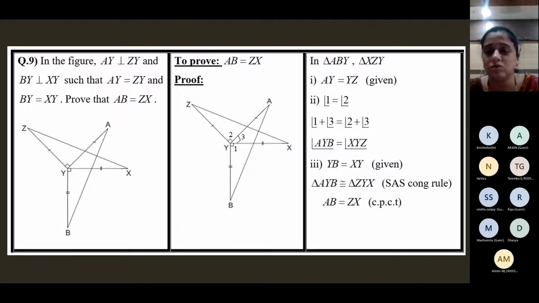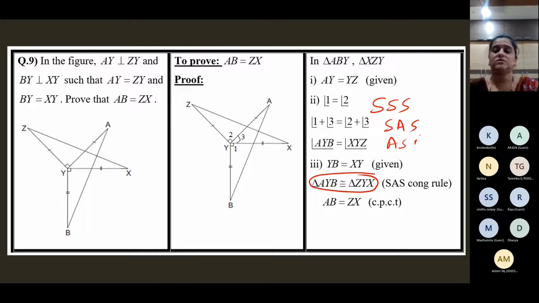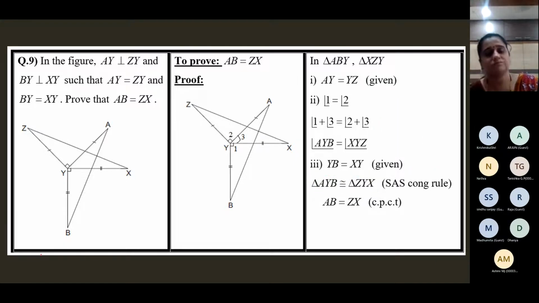If you don't remember how to name the triangles in order, you'll have to go through the first or the second video where we have seen how to write SAS, SSS, ASA. Once it's told how to write one proof, you should know how to write every other proof.